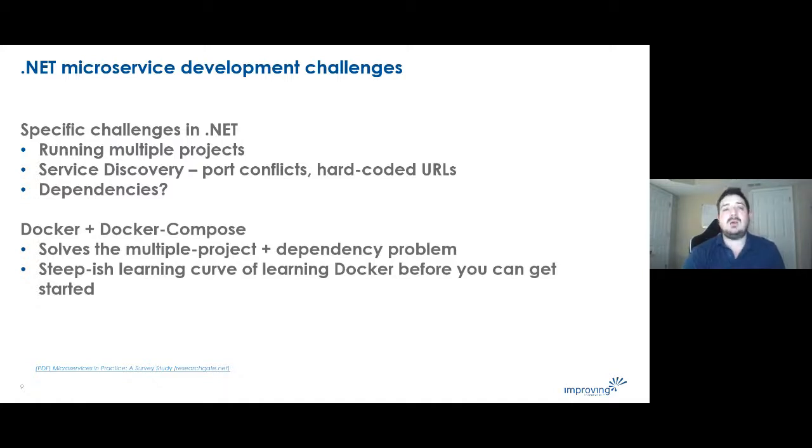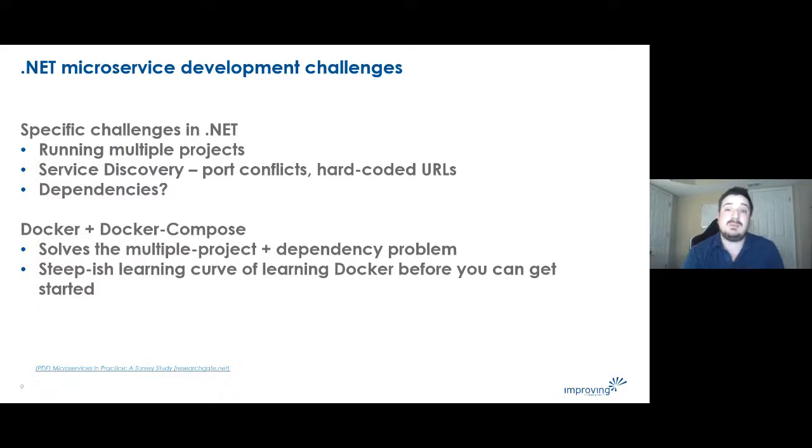If I've got Mongo, if I've got SQL, if I've got a message broker like RabbitMQ, do I need to set up a full SQL installation, a full Mongo installation, a full RabbitMQ installation on my Windows box to meet those dependencies so that I can debug this application?